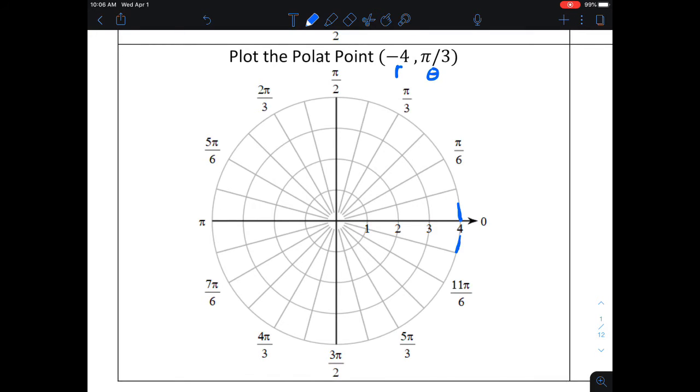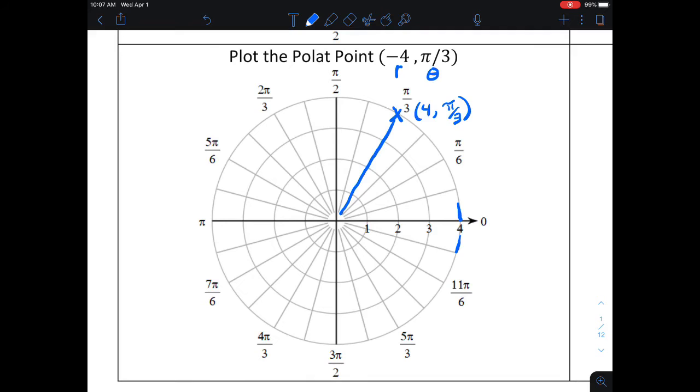Now, the angle measure is pi over 3. So I would come up here to 4, where 4 pi over 3 is. All right, so this would be positive 4 pi over 3, this point. Since I have a negative radius measure, I would actually go on the opposite side of the circle.